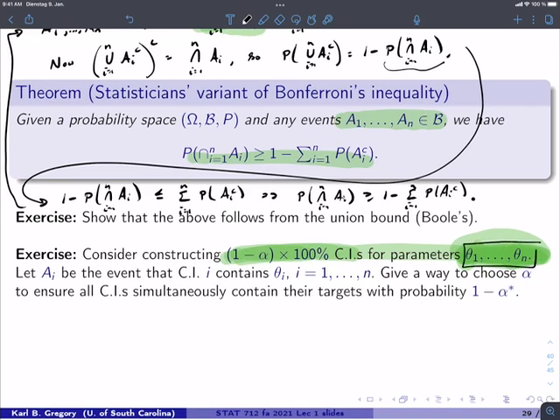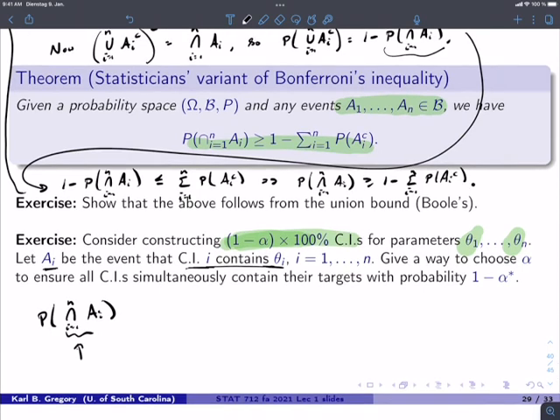You might be interested in the event that all your confidence intervals contain their target parameters simultaneously. So if AI is the event that the ith confidence interval contains its target, then what we can do is think about this event of the intersection of all those AIs.